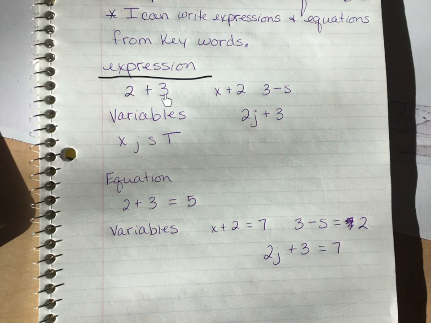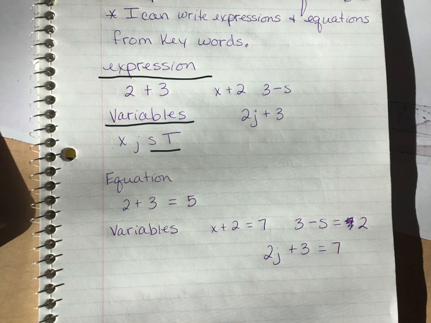So 2 plus 3 is an expression. You could also find some variables in these expressions, and we've been talking about variables in science. Variables in science are things that we change. Variables in math are letters that we put in to represent any number.